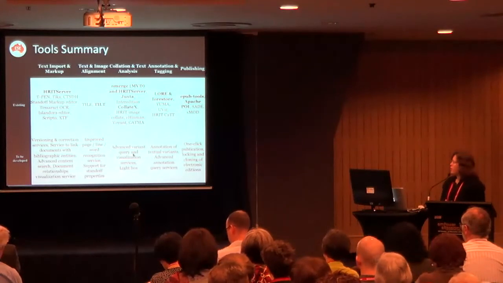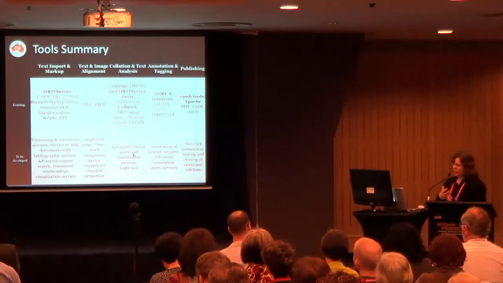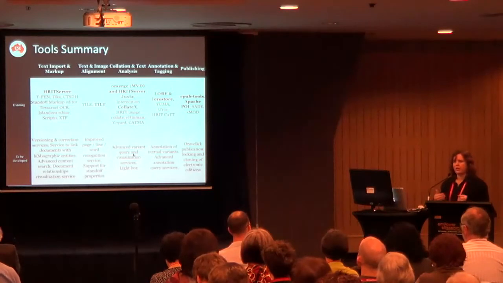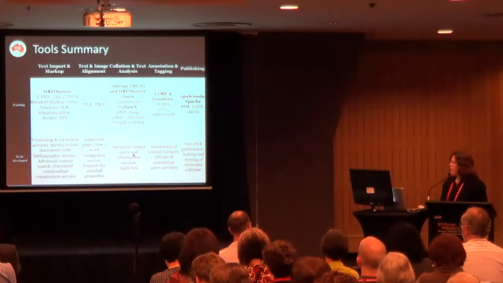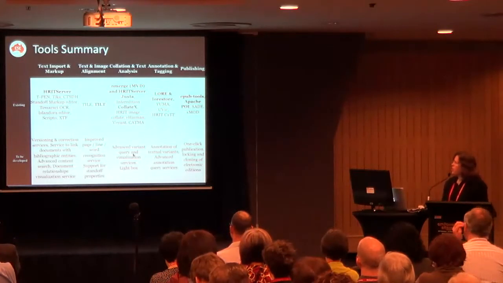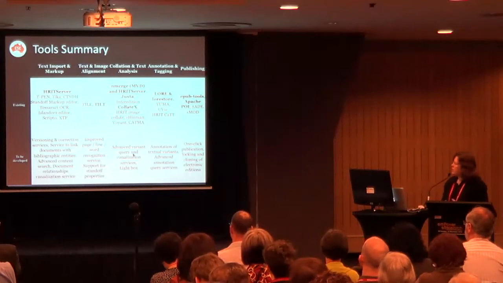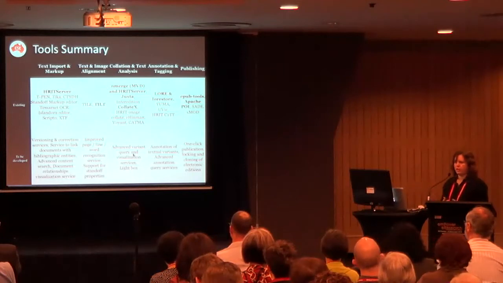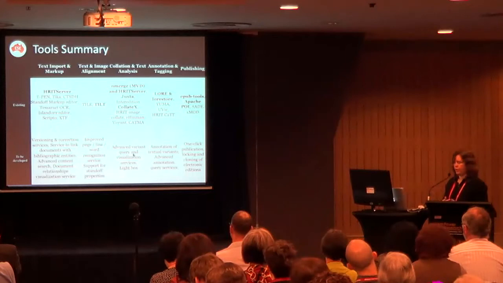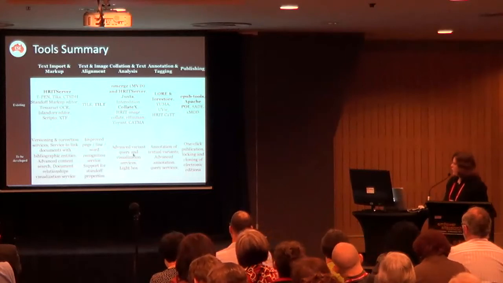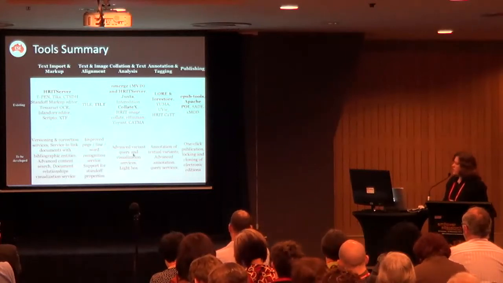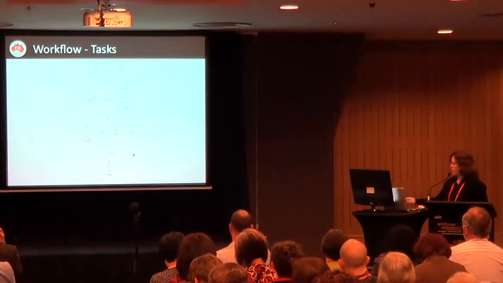So just getting those tools to talk to each other, getting them to work with the model that we're developing. And particularly text and image alignment, although there was a tool, Tile, from MITH in Maryland, it didn't work particularly well for our use case, and so Desmond Schmidt at QUT switched to developing his own tool, which we're going to be using. So there are a lot of pieces that still need to be filled in.